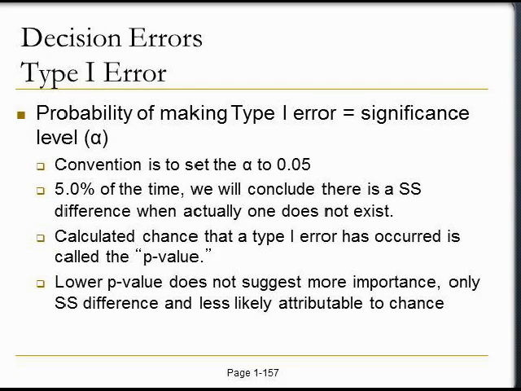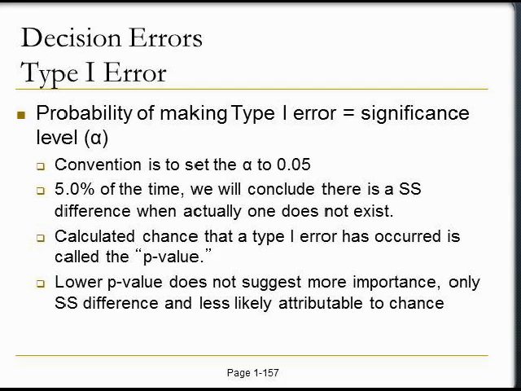By convention, the statistical gods usually set this to an alpha of 0.05. That means that 5% of the time, we conclude that there is a statistically significant difference when one does not actually exist.